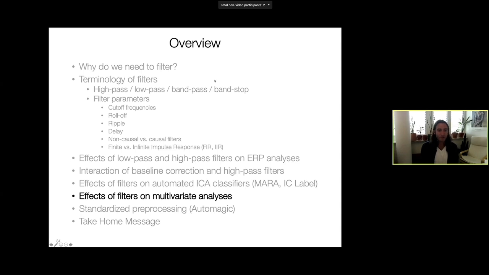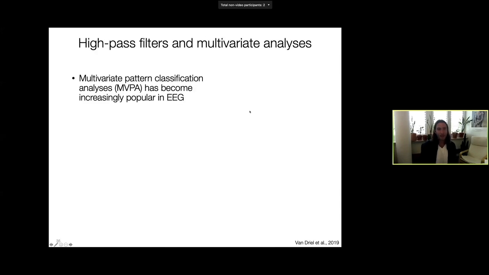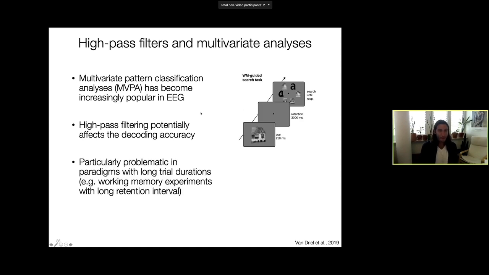So now I would like to talk a little bit about the effects of high-pass filtering on multivariate analysis. Multivariate pattern analysis, MVPA, has become increasingly popular in EEG. But high-pass filtering potentially affects the decoding accuracy. This is particularly problematic in paradigms with long trial duration, for example, in working memory experiments where we have a long retention time.